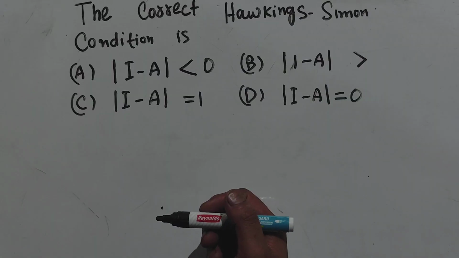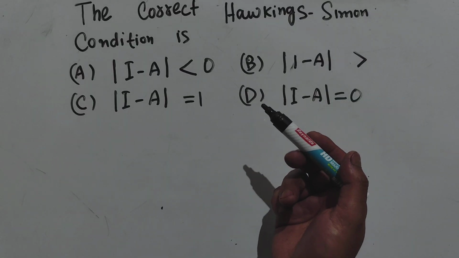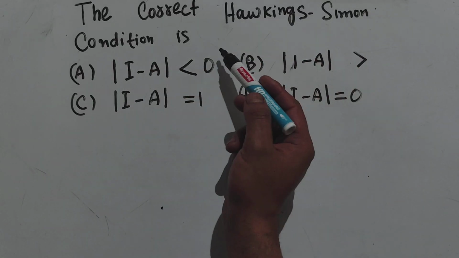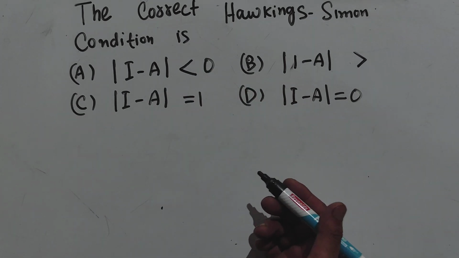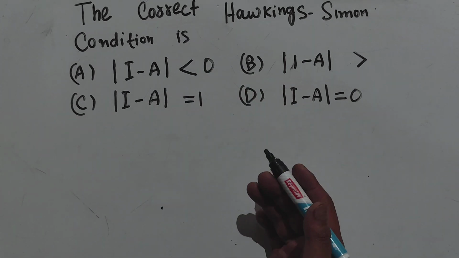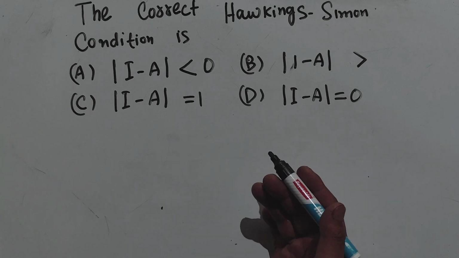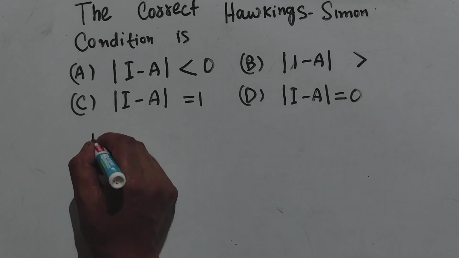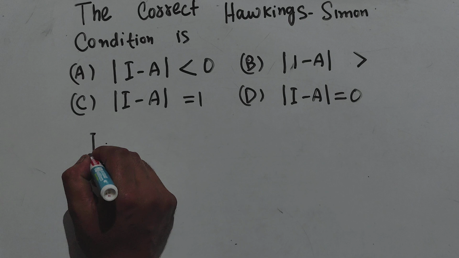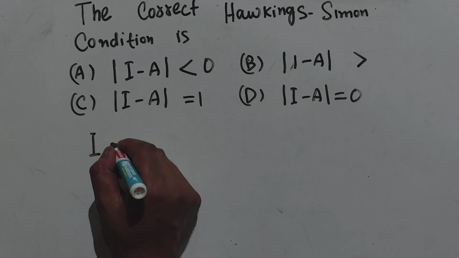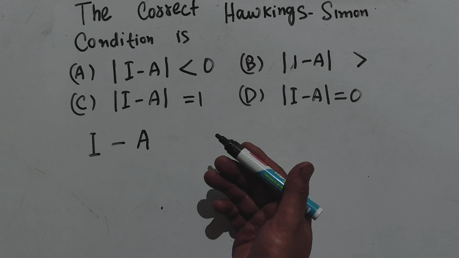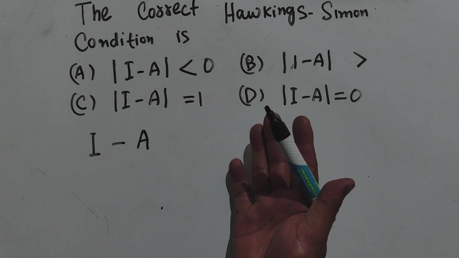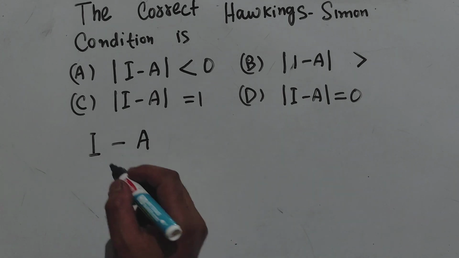The question is about Hawkins-Simon condition. The correct Hawkins-Simon condition is, options are being given, we need to find out the correct option. Okay, so the Hawkins-Simon condition is used in input-output analysis. So what is I? I is the identity matrix, and I minus A, where A denotes the technology matrix or input-output matrix.